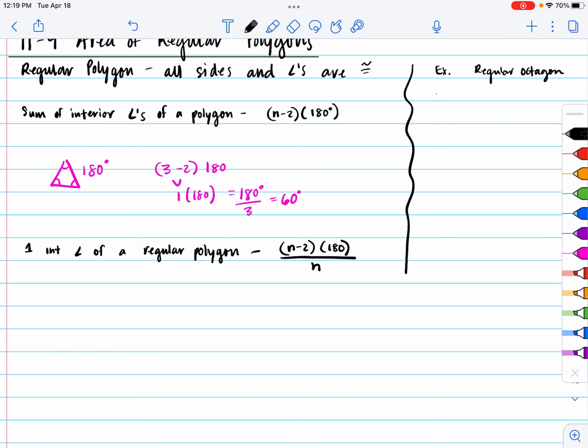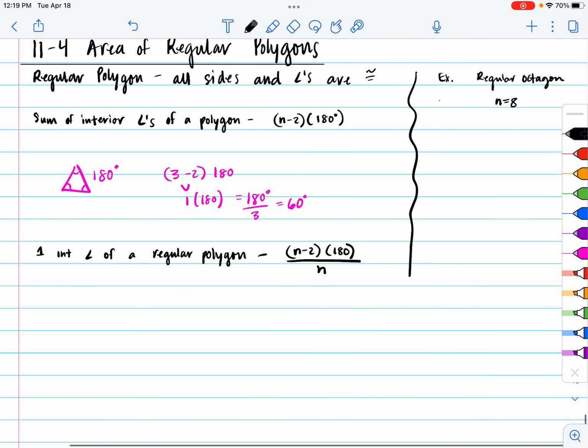In a regular octagon, we know there are 8 sides, so n is equal to 8. Let's calculate how many total degrees there are in an octagon: n minus 2 times 180, so 8 minus 2 times 180, which is 6 times 180, equal to 1,080 degrees.